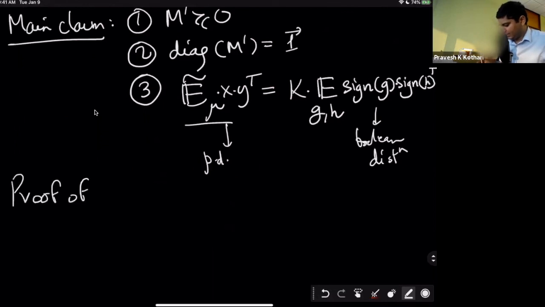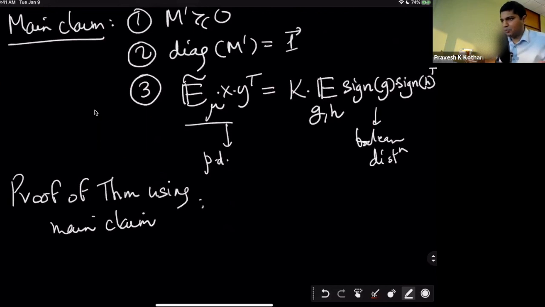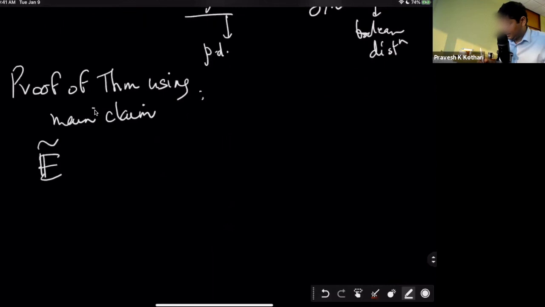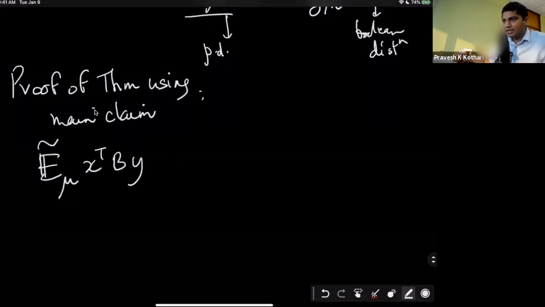proof of theorem using main claim. Assuming this main claim, the proof is actually very easy. Let's look at this quantity. This is the value of the bilinear optimization problem on the pseudo distribution that we compute.